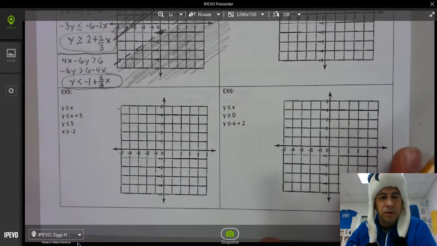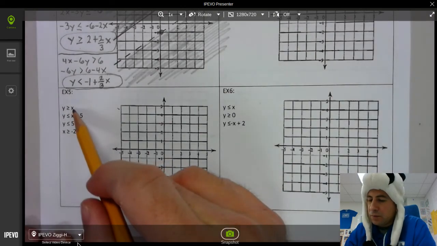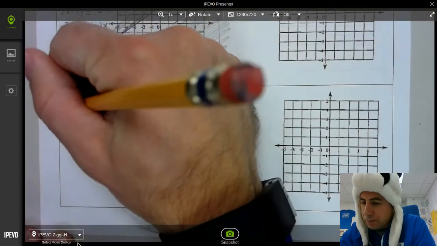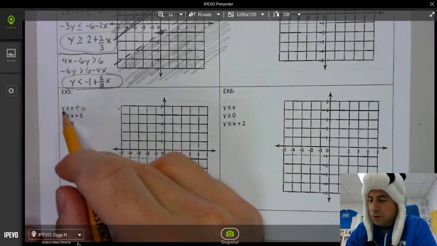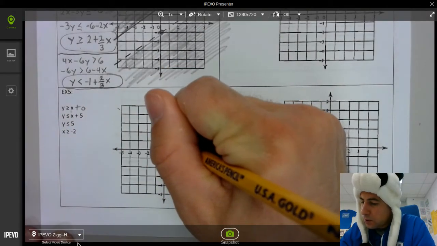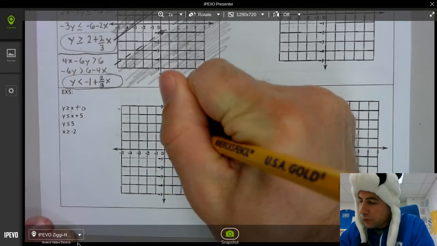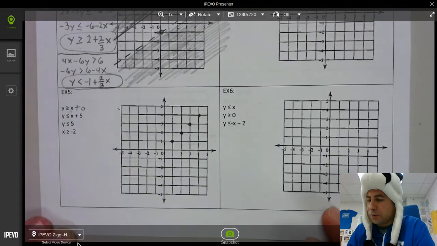All right, so we notice the first equation is in standard form. You can put, if you want, plus 0 here, but we know it's basically y greater than x, so when x is 1, y is 1, when x is 2, y is 2, when x is 3, y is 3, when x is 4, y is 4.